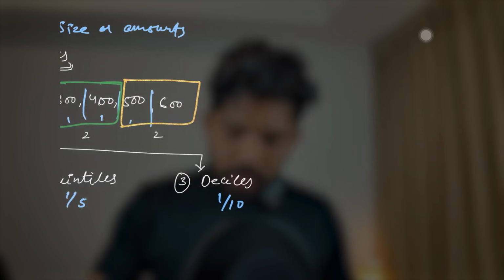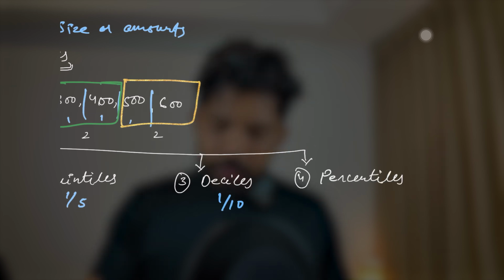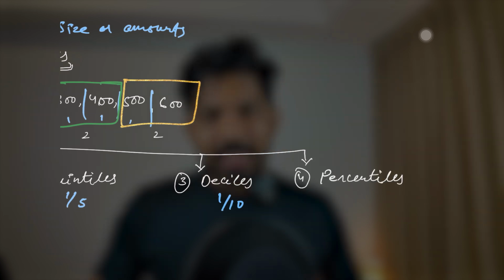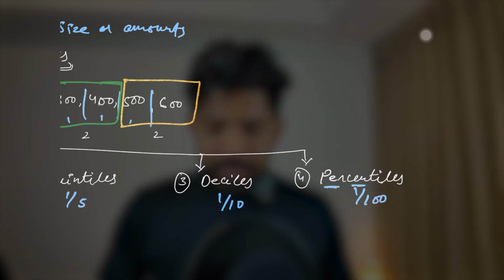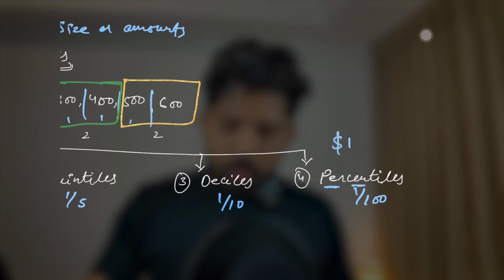And last but not the least, the most important, percentiles, which means we are dividing any data set into 100 equal parts, right? Percentiles means in $1 we have 100 cents, right? Percent means 100 parts. It should be very clear with the naming convention also, right?